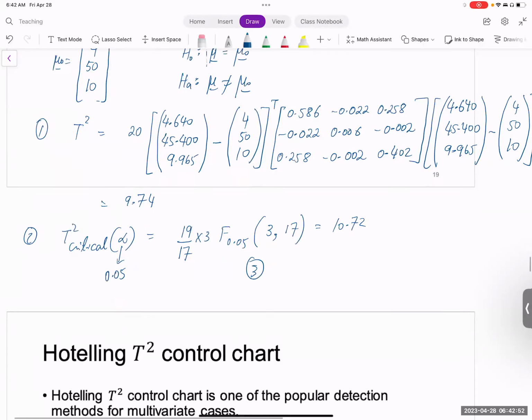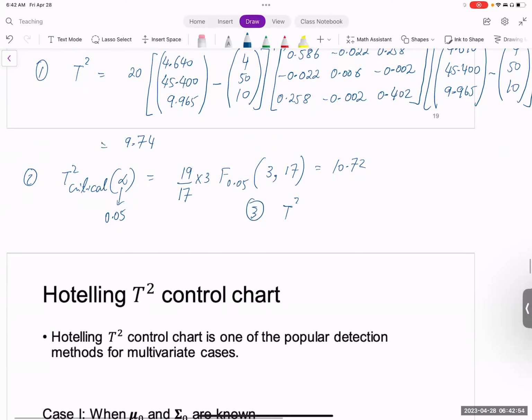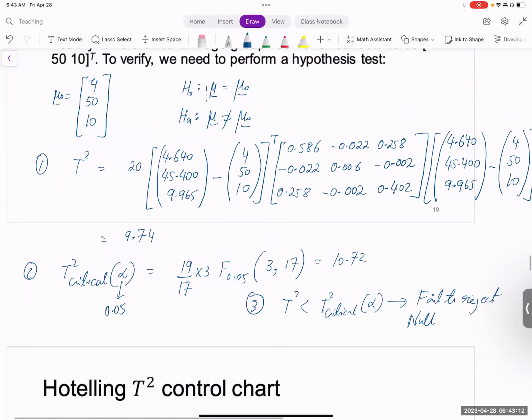And so number 3, you can say that T square is less than T square critical at alpha. So you fail to reject the null hypothesis. And that's your multivariate hypothesis testing.